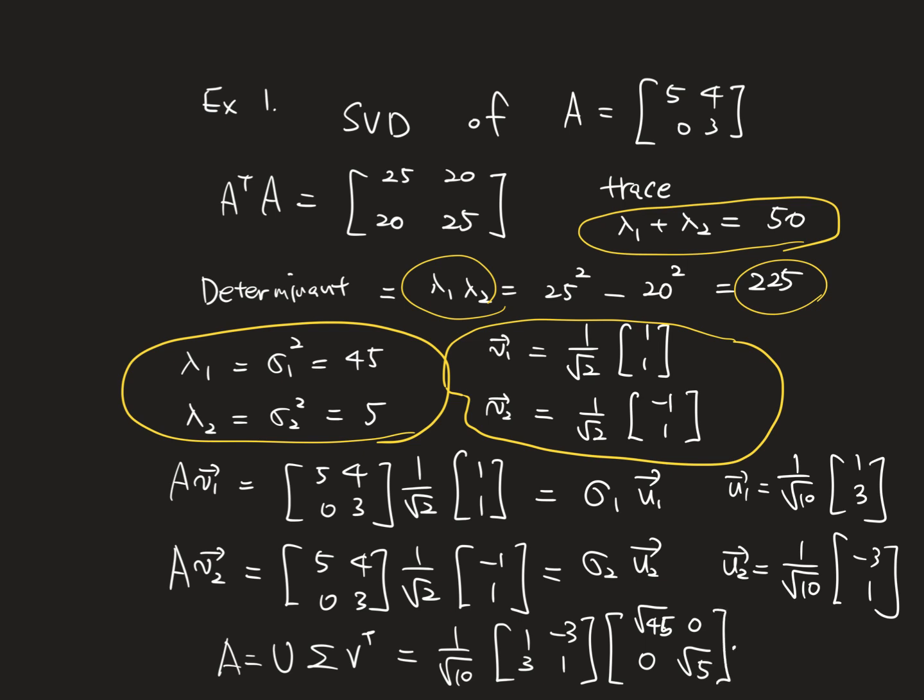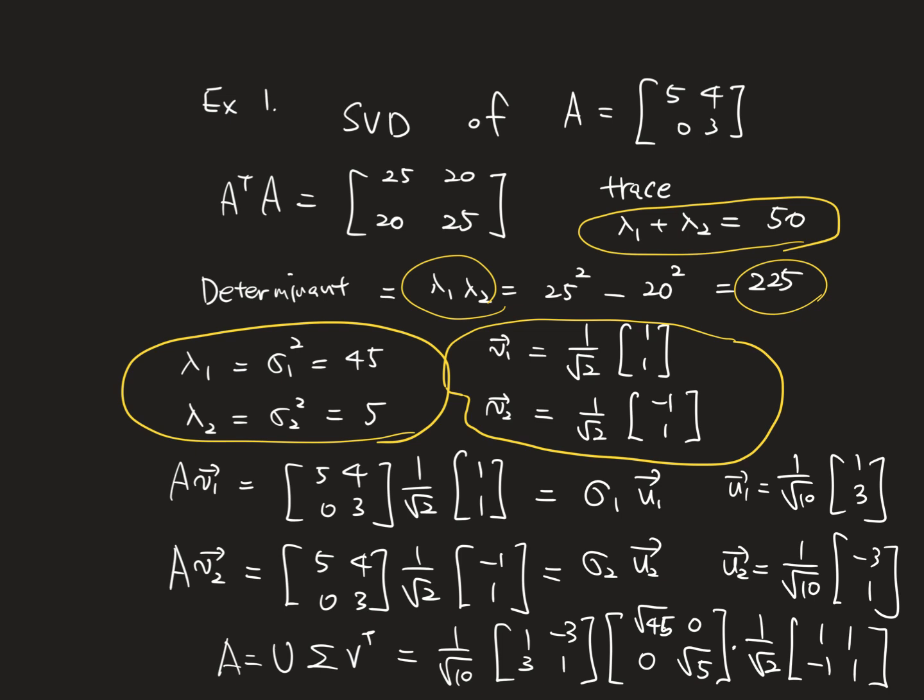And finally V transpose, and we have to write in the row direction because it should be V transpose. So we write 1, 1 here, and we write minus 1, 1 here. So now we get the singular value decomposition using our procedure.